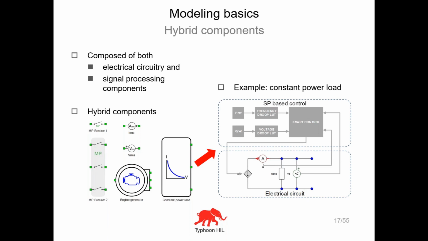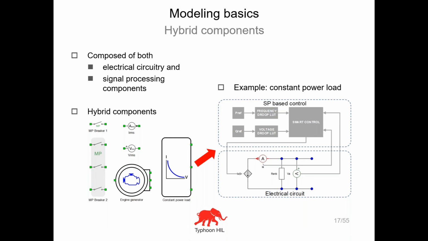Here on the image to the right, we can see the implementation block diagram of the constant power load. It also consists of an electrical circuit and signal processing based control.